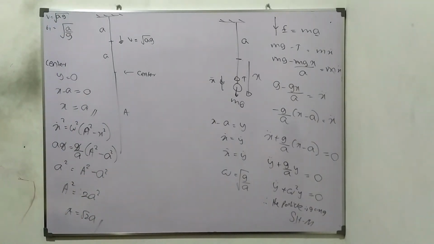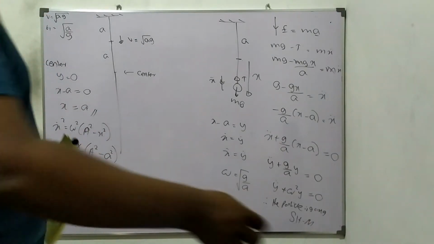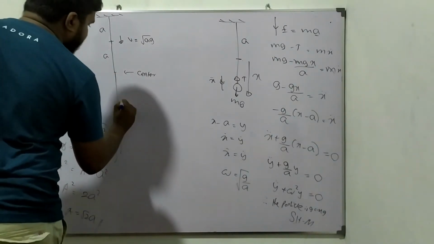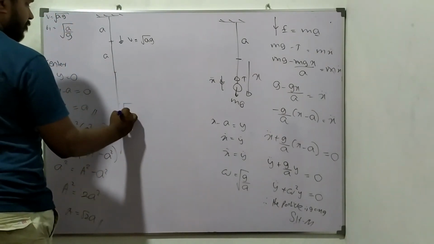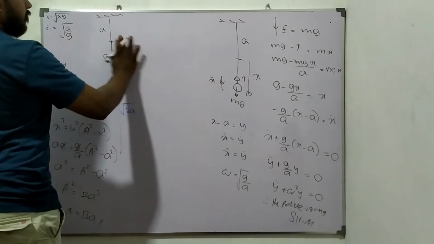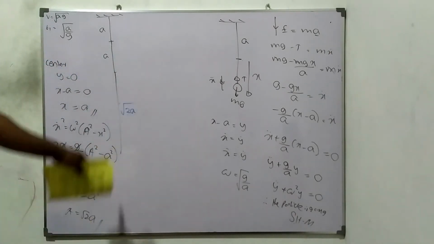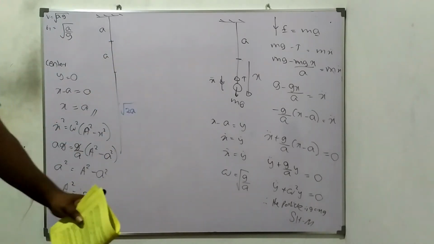Okay, so after we have the amplitude root 2 a, we need to calculate the time taken going down and coming back to the starting position.